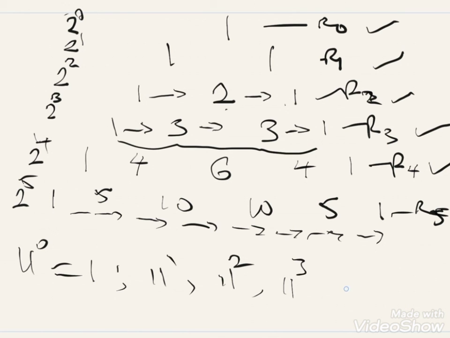Now, when you come to 11 raised to the power 5, we have to do some manipulation here, but it is not the purpose of this video. The purpose of this video is for us to know how we can establish a pyramid formula of numbers.